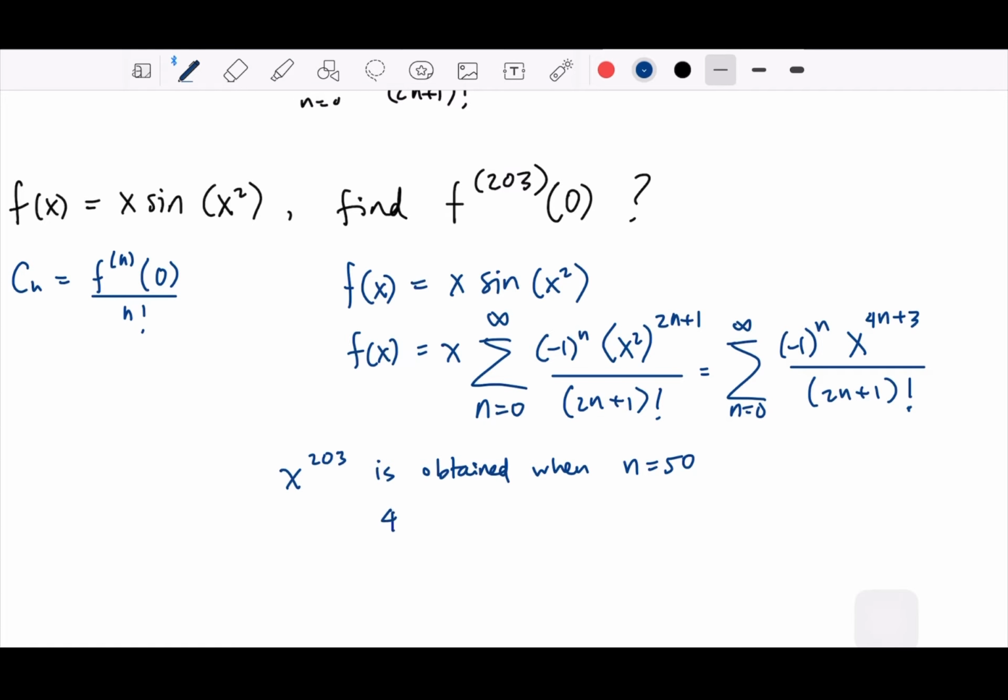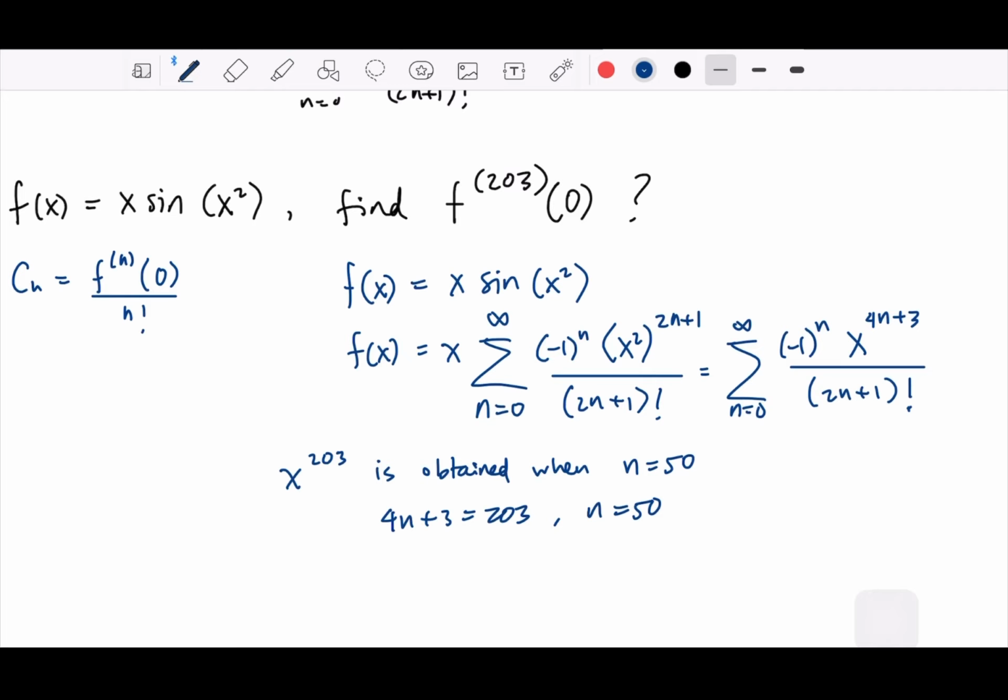Or we can write for 4n plus 3 is 203, so n is 50. Now, when n is 50, what happens with the series? If you look at -1, it should be positive because it's an even number.